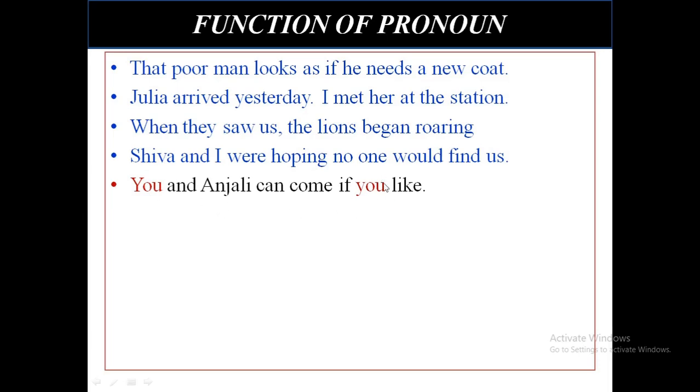This you is a plural and this you is a singular. So even this you and this you construct their meaning based on a particular person or a noun.